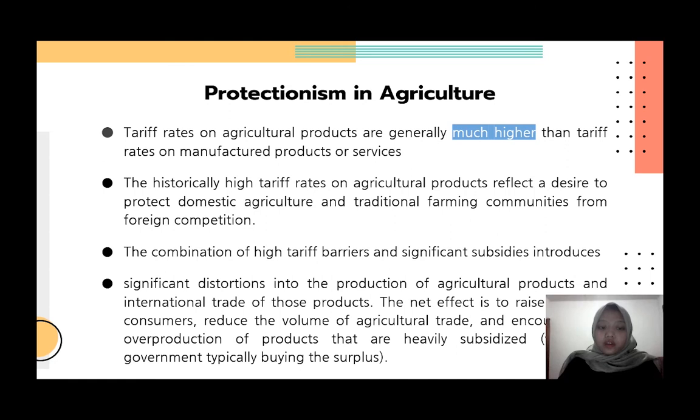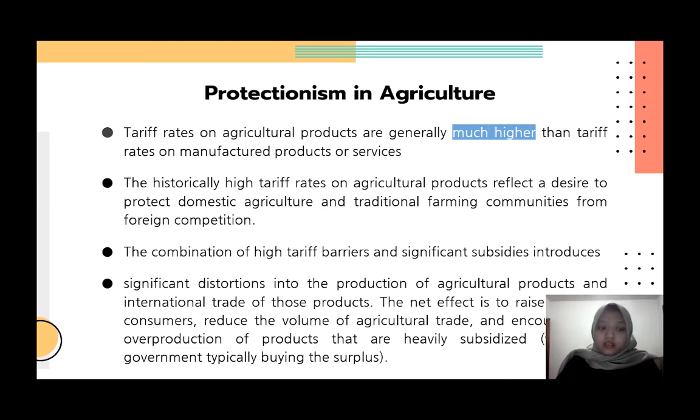On agricultural products, however, the average tariff rates were 21.2% for Canada, 15.9% for the European Union, 18.6% for Japan, and 0.3% for the United States.